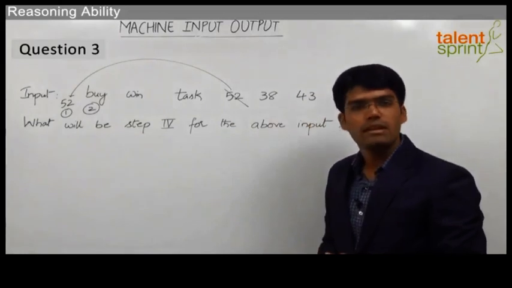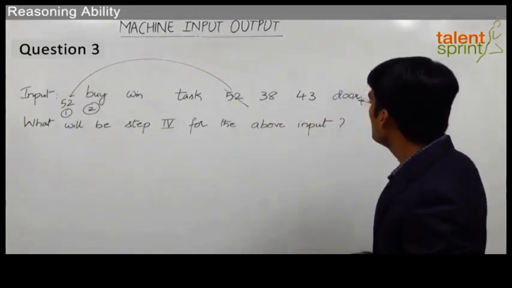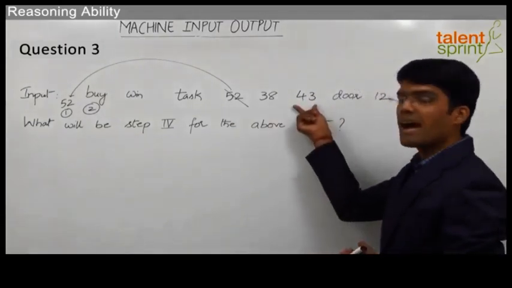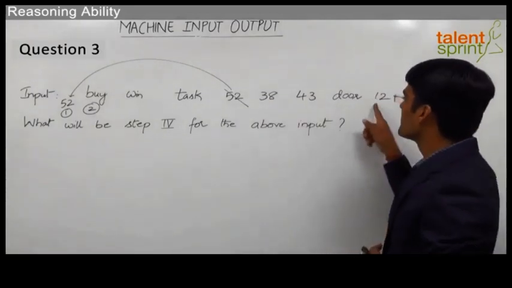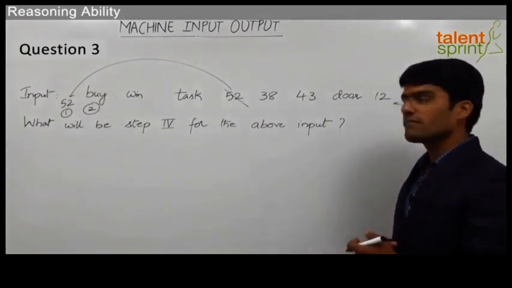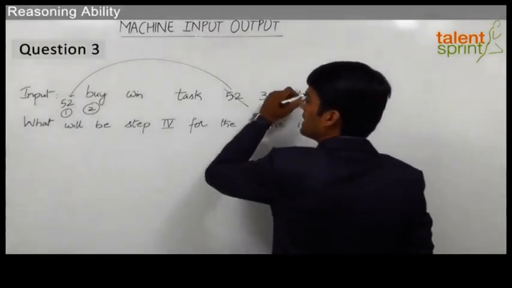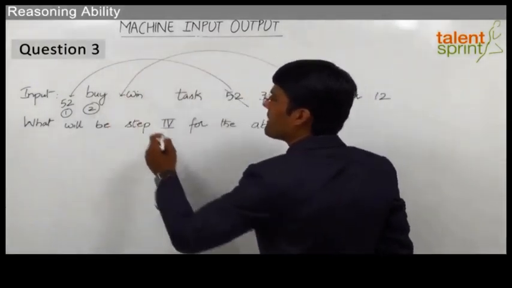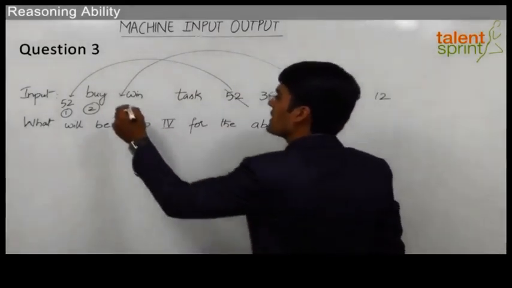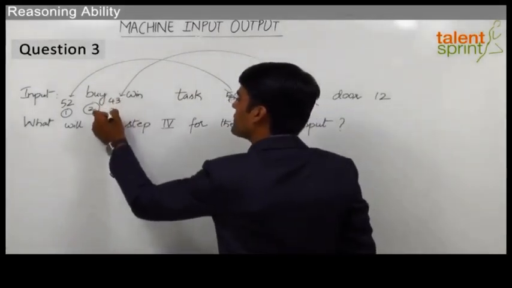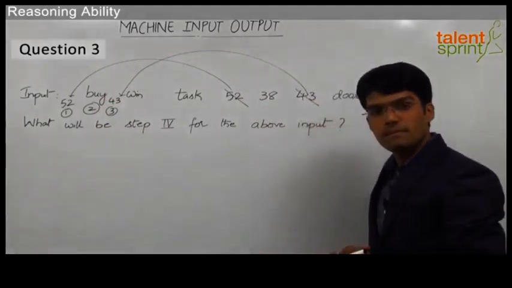After by, we need a number. That number should be 43, as it is the highest number from the left out numbers 38, 43 and 12. So let us strike off 43 and move 43 after by. So 43 comes here and this is going to be the third position.